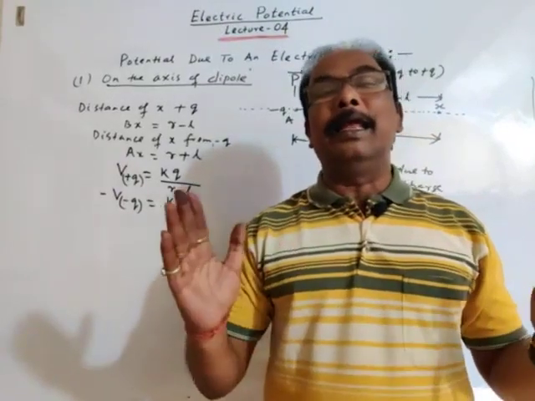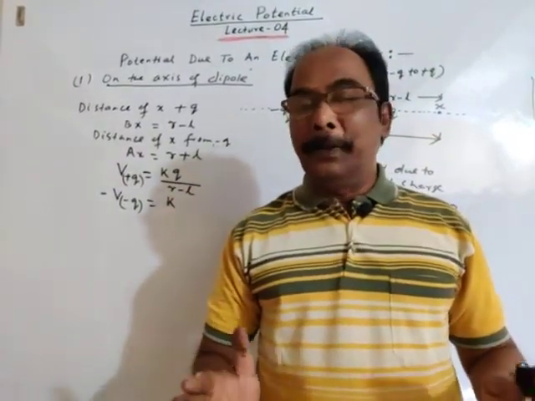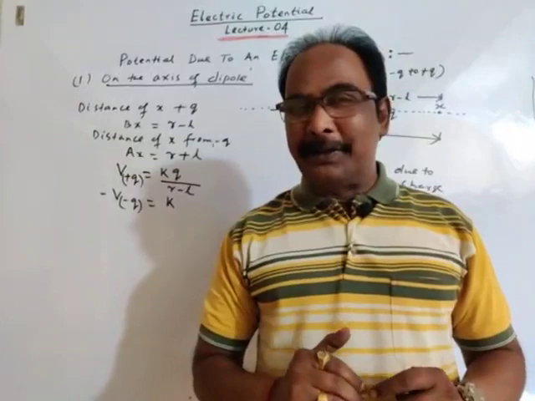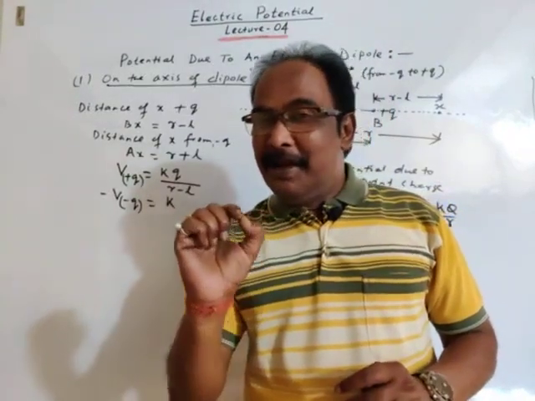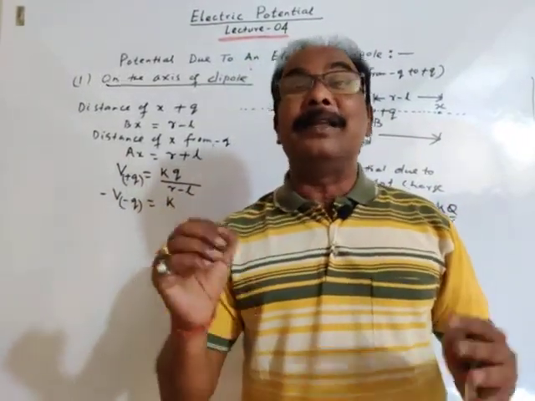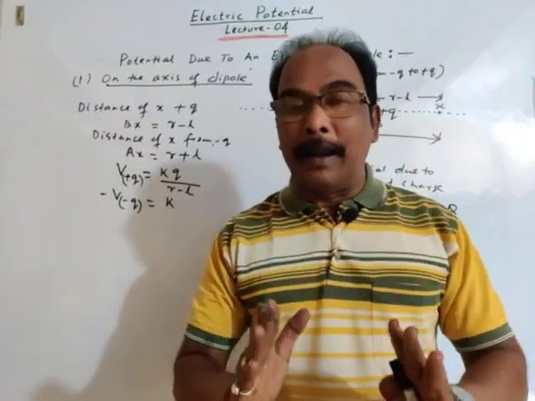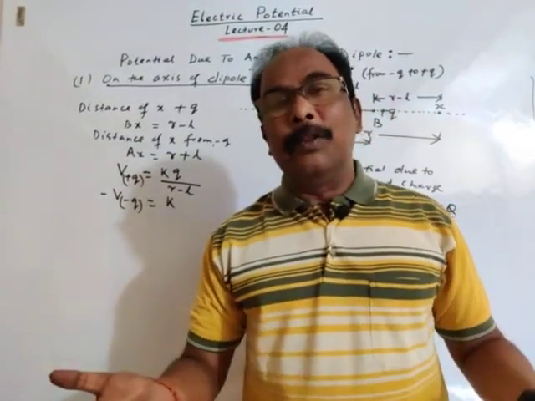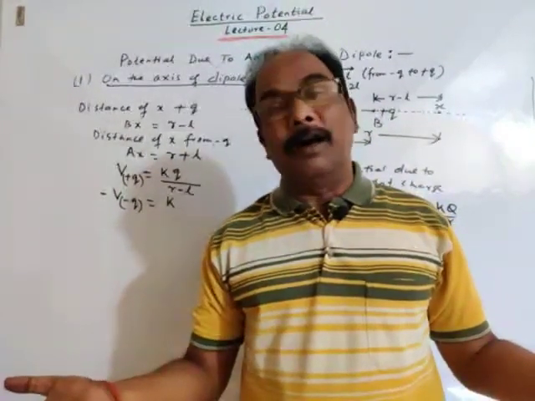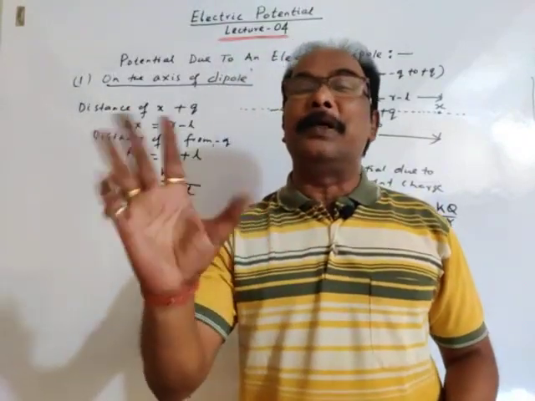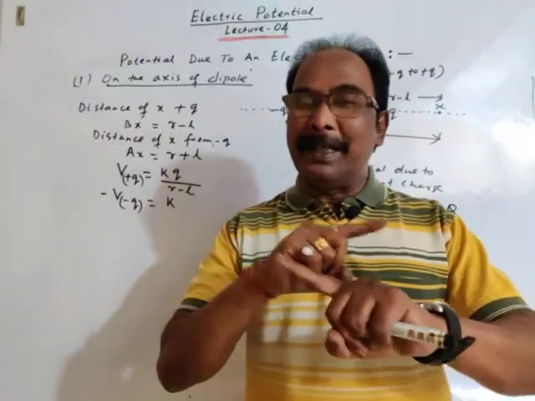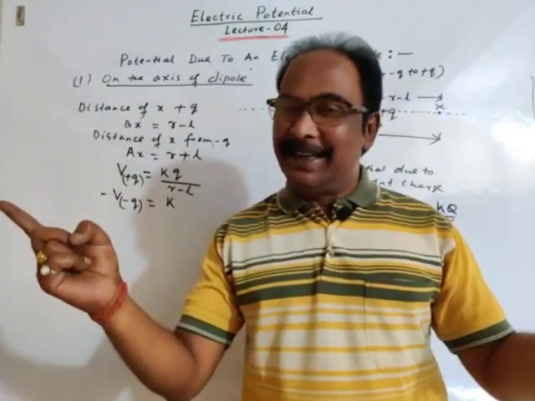So while getting potential due to a point charge, we have to take the sign of the charge, whether the charge is positive or negative. Accordingly, the potential will become positive or negative.